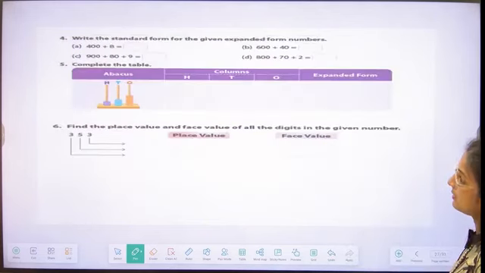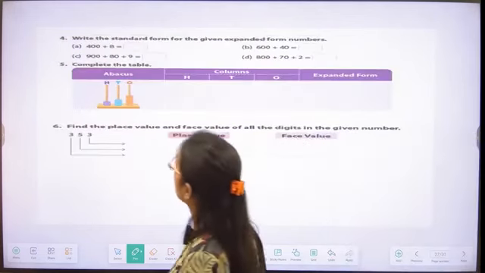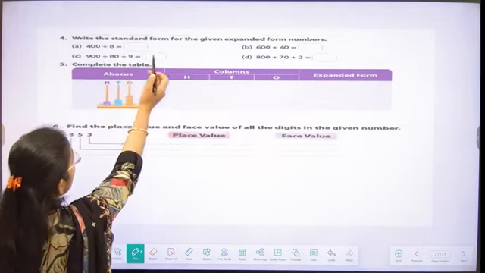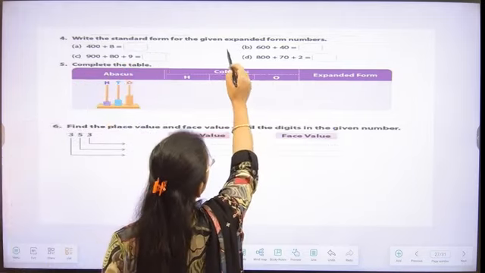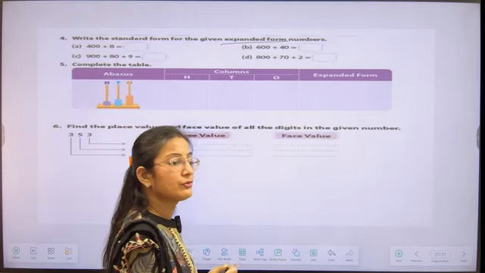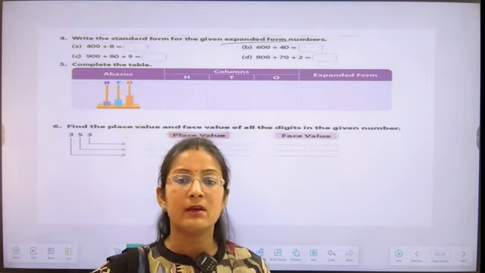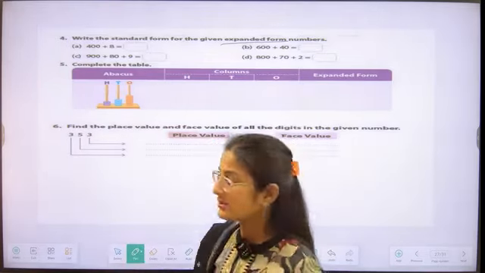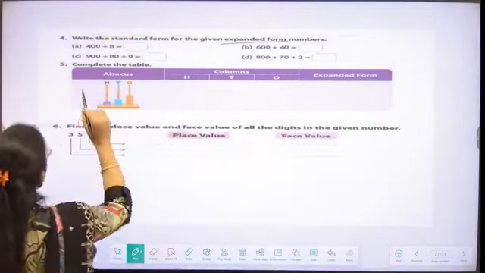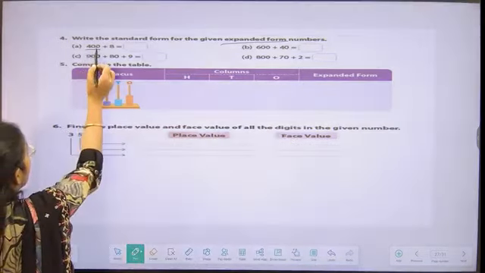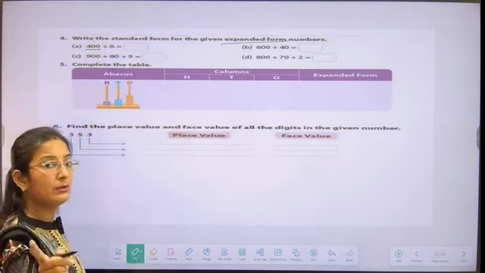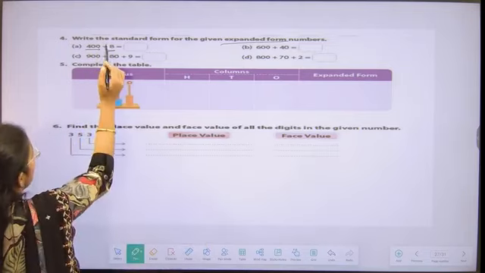Moving to the next one. What we have to do, we have to write the standard form for the given expanded form. We have to write the number in standard form or in the short form, student. Let's do the first one with me. What we have seen, we have 400, no tens place value, only ones place value.